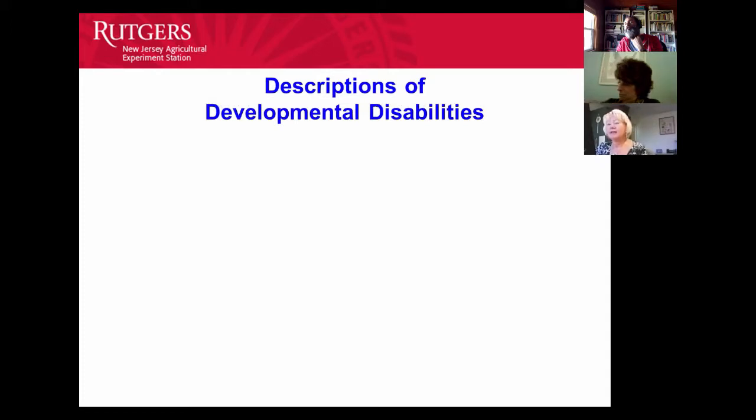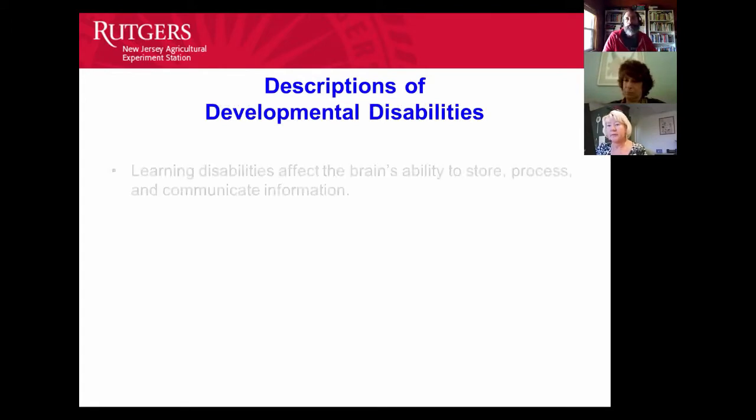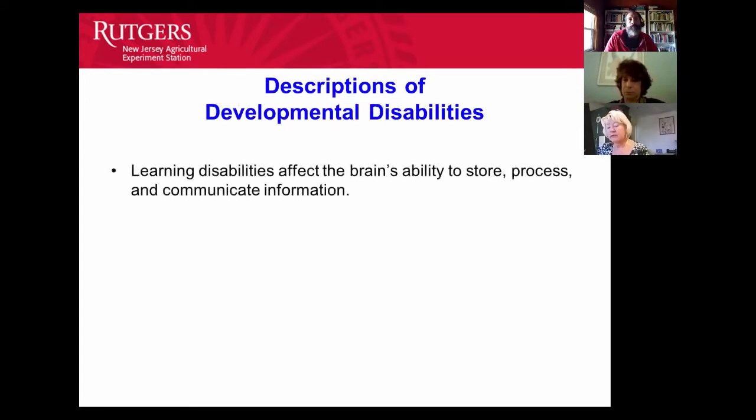So next we'd like to move into some descriptions of developmental disabilities. Both learning disabilities and attention deficit and hyperactivity disorder are neurological disorders. Learning disabilities result in difficulty with processing, communication, sequencing, and motor skills.